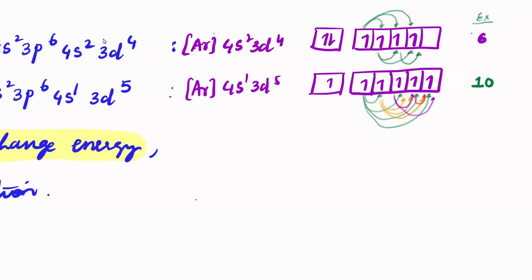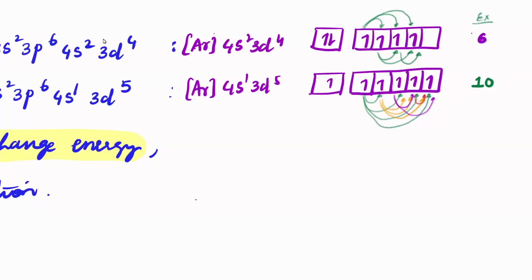And that's exactly what happens in chromium: when you have four electrons in the degenerate orbitals, it's able to get six exchanges. But imagine if one electron from 4s excites to the 3d orbital, then the number of exchanges increases from 6 to 10.